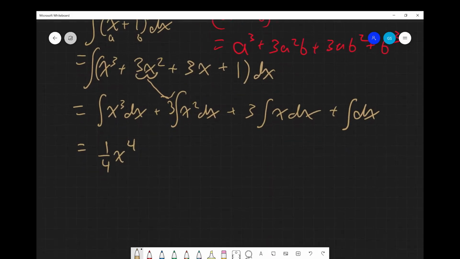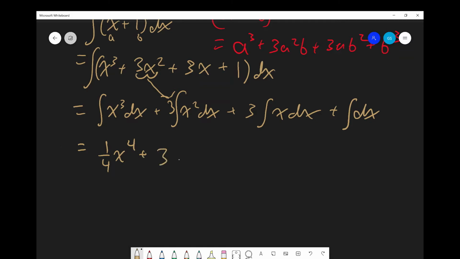And if you're forgetting how I got that, recall the rule we learned when we're integrating something. We're just adding 1 to the exponent and making a fraction out of it with that in the denominator. And you can always differentiate this guy to see if it gives you the original again, because they're just opposites.